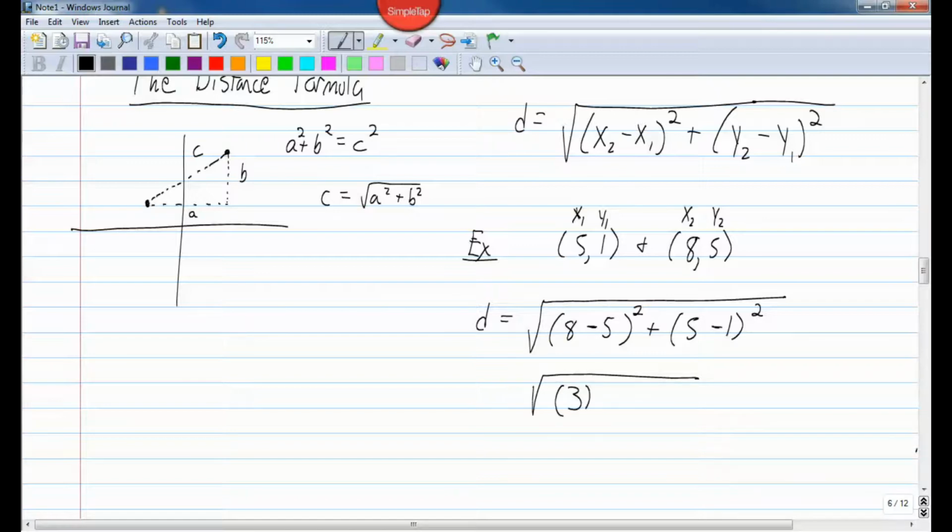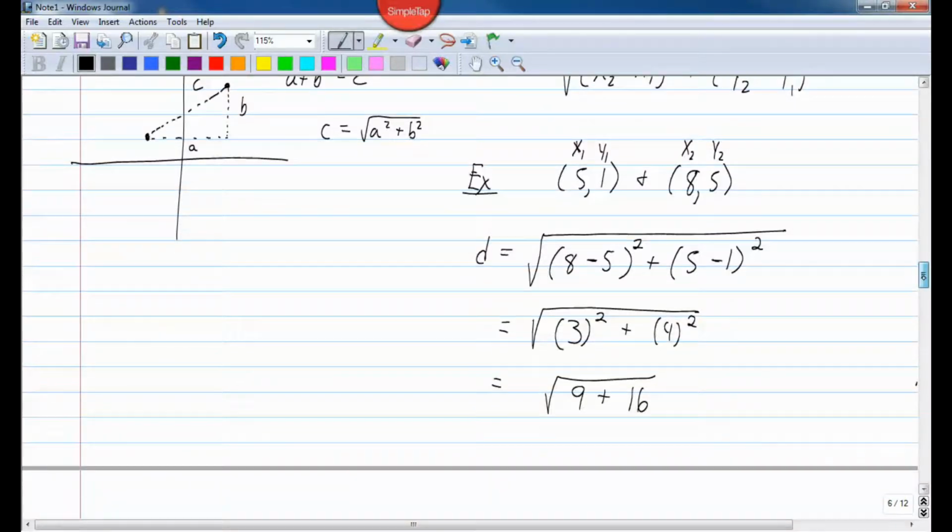So I have 3 squared plus 4 squared. 3 squared is 9. 4 squared is 16. Alright, so 9 plus 16, that would be the square root of 25. Square root of 25 is 5. So the distance between these 2 points is 5 units.